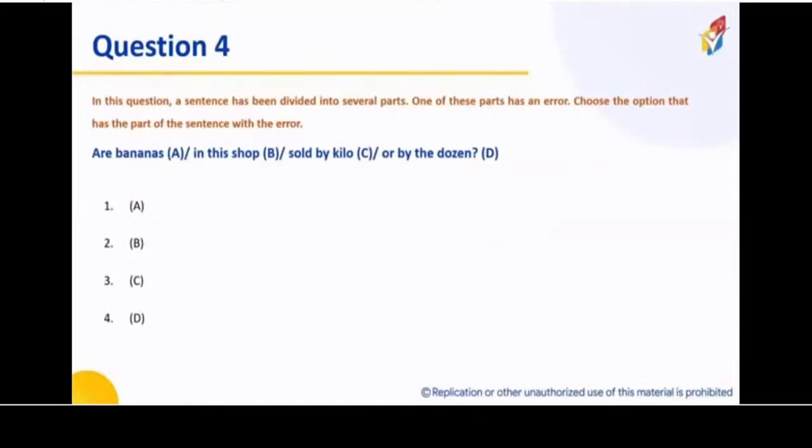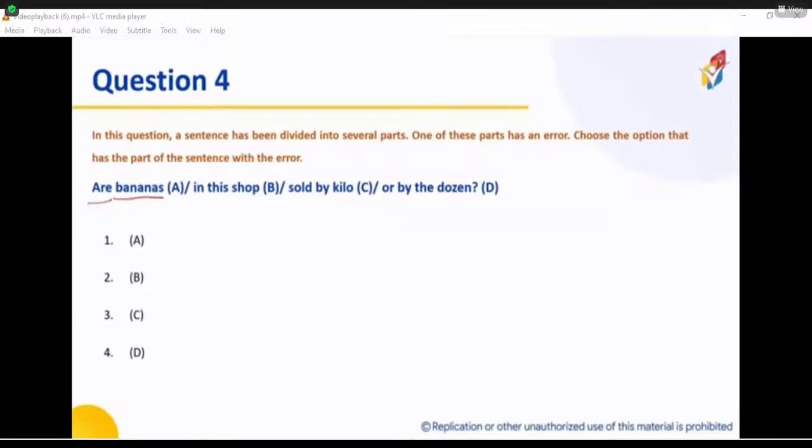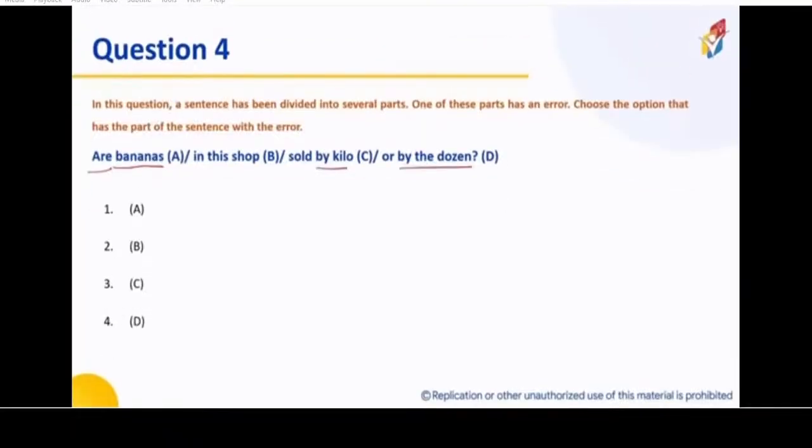Are bananas in the shop sold by kilo or by the dozen? So are, bananas is the plural, so are tells you that there is a plural word, right next to it, is fine. In this shop sold by kilo or by the dozen. So you're asking a question, and there are two things here. On either side of or, you have to make sure they're parallel in one way.